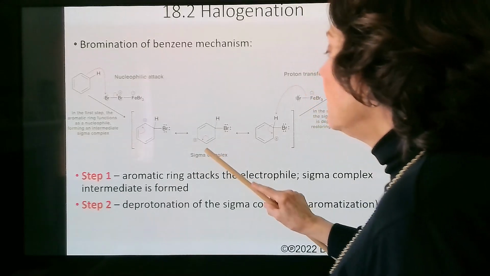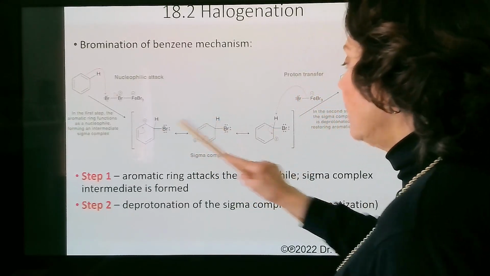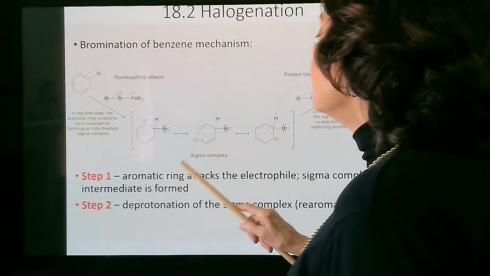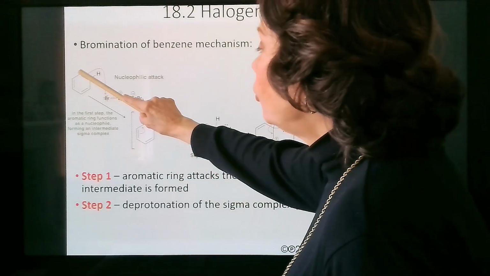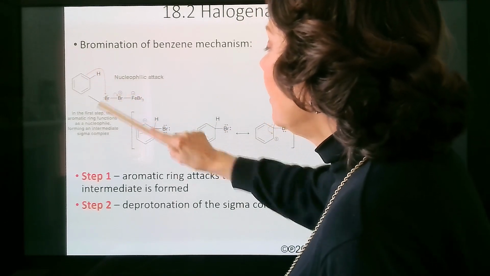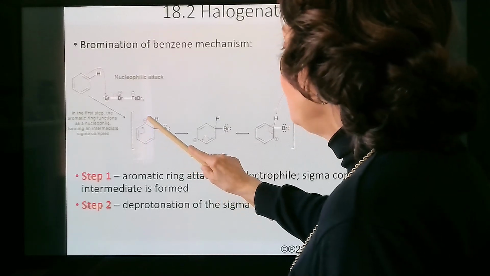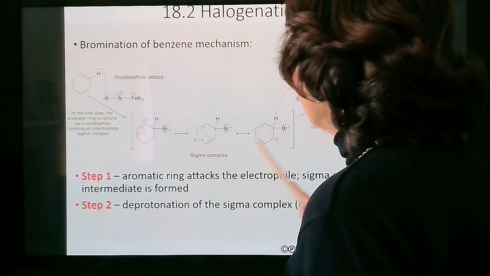This cation is called a sigma complex, and it has 3 different resonance structures, which you can see here. So here you have a positive charge generated up here when that pair of electrons moves out and attacks bromine. You have a cation, and so the positive charge moves around the ring.